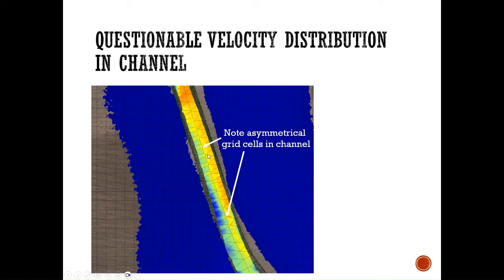And what I noticed was that the mesh actually had an asymmetrical meshing pattern within my channel. And so you can see how this is affecting the velocity distribution here. So I realized the problem actually was in how the mesh was set up within the channel.